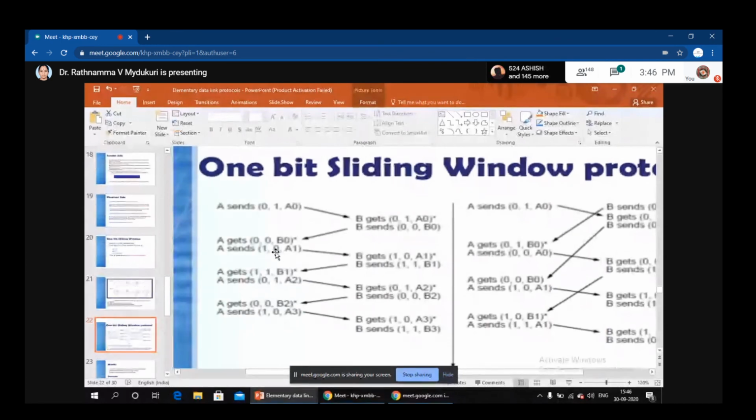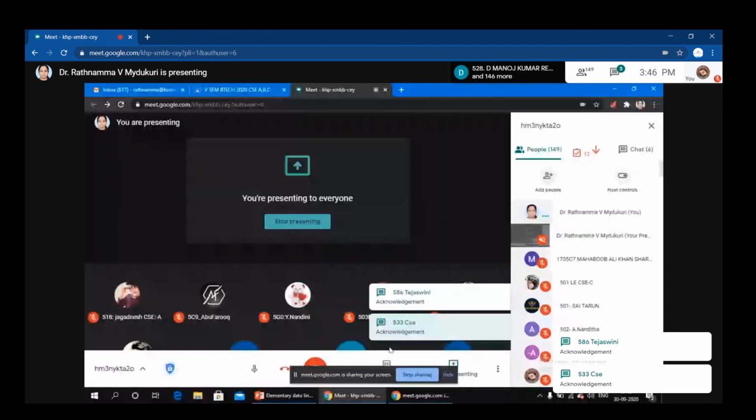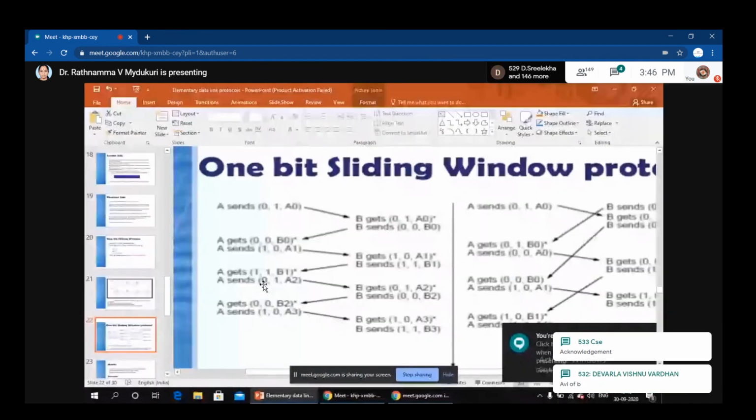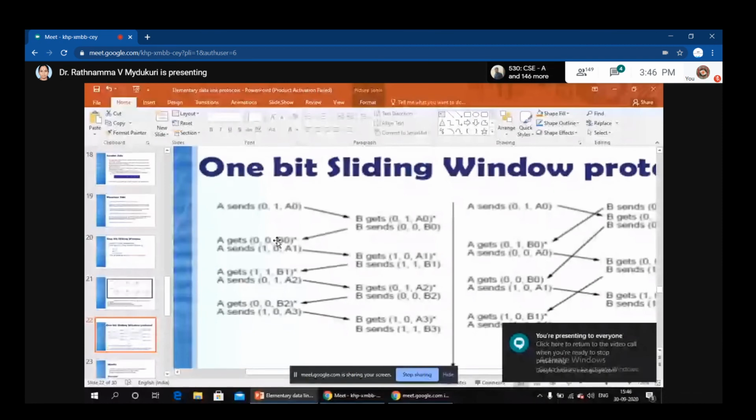What does this 0 tell? So this 0 is the acknowledgement of B0.